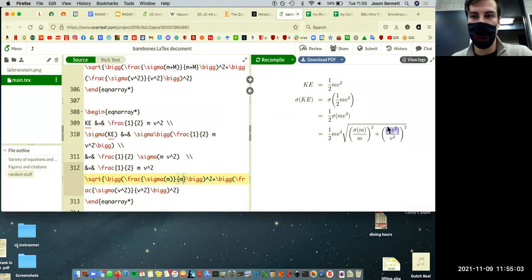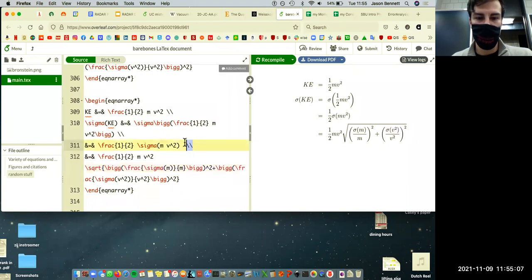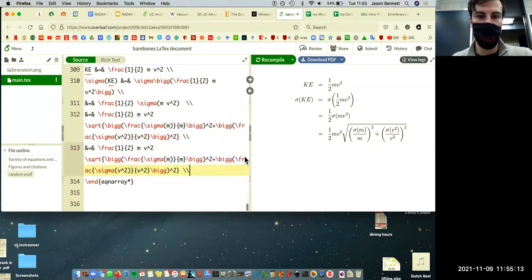So I'm going to focus on this thing I have highlighted, and add one more step. So I'm adding equation 11, which is right here, sigma of v squared, which I know by equation 11 is 2v sigma of v.